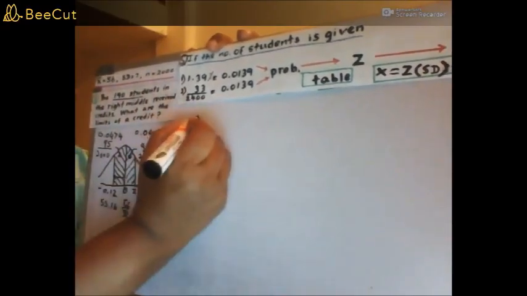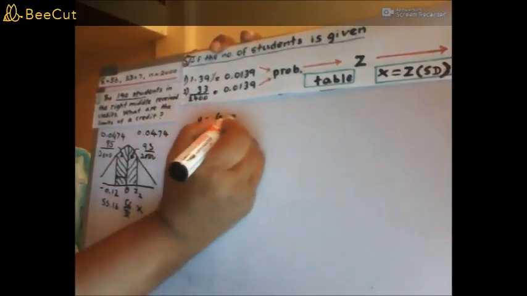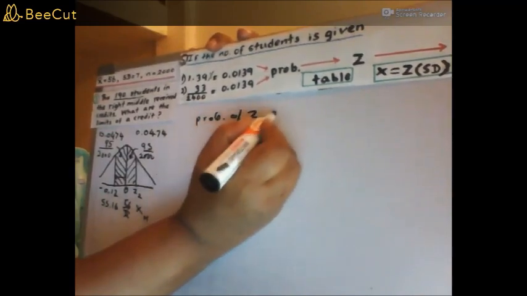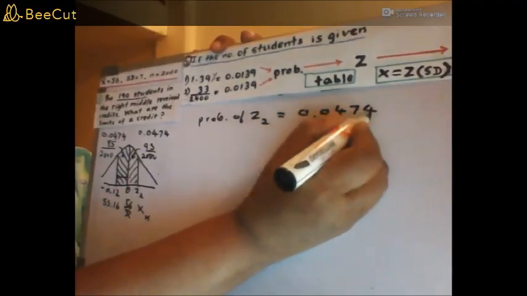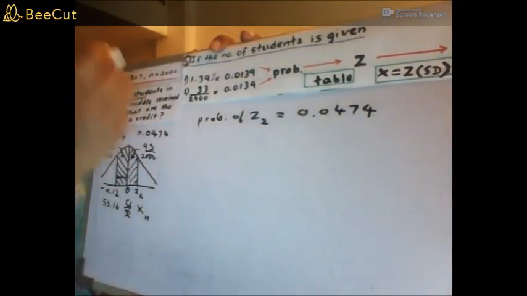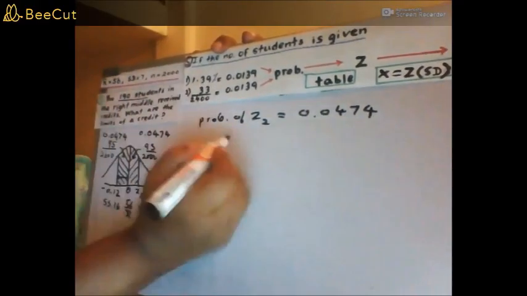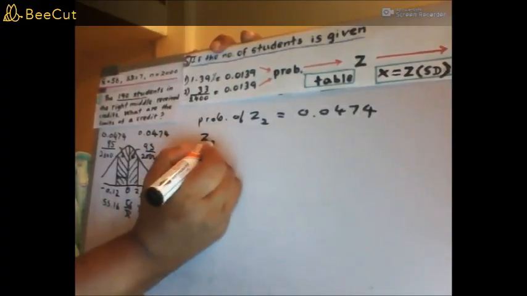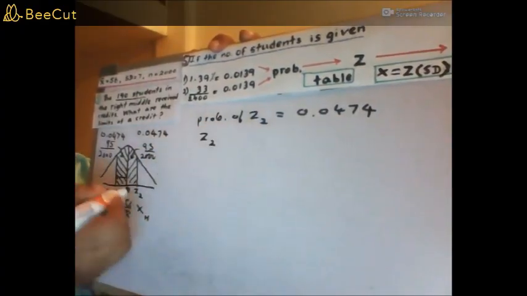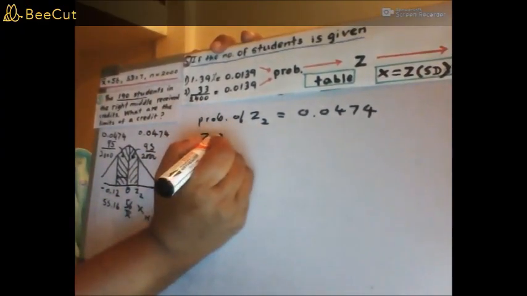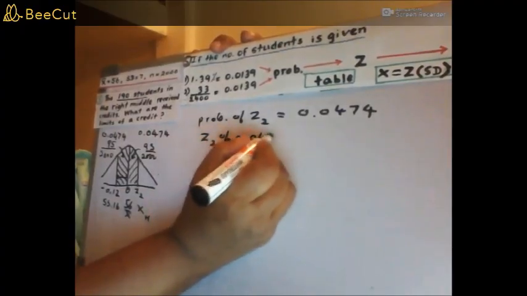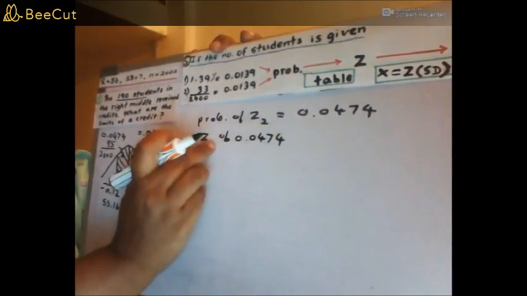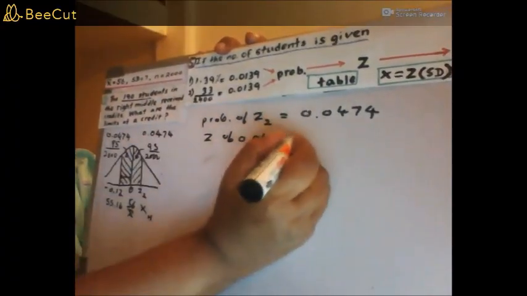We'll write probability of Z2. Once again, it's 0.0474. Then you have to find the relevant Z value. Z2 of 0.0474.